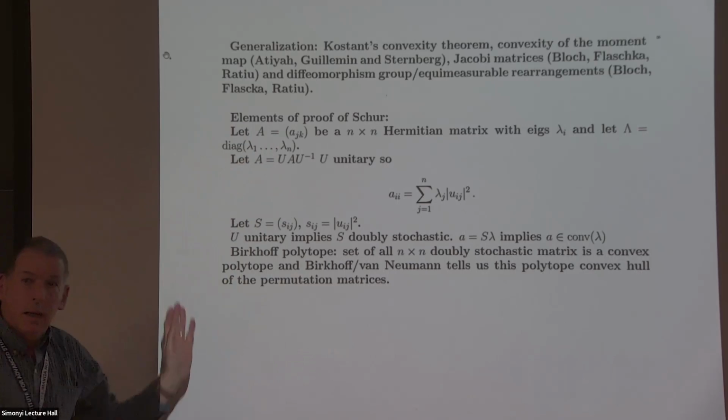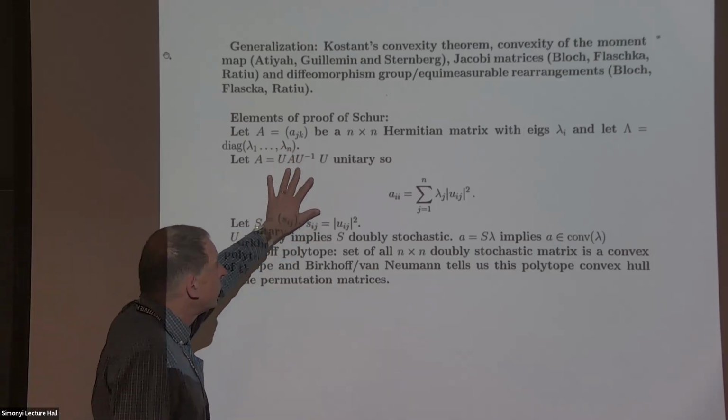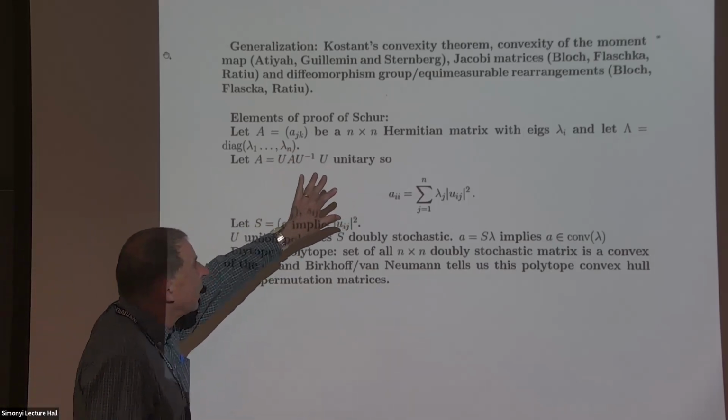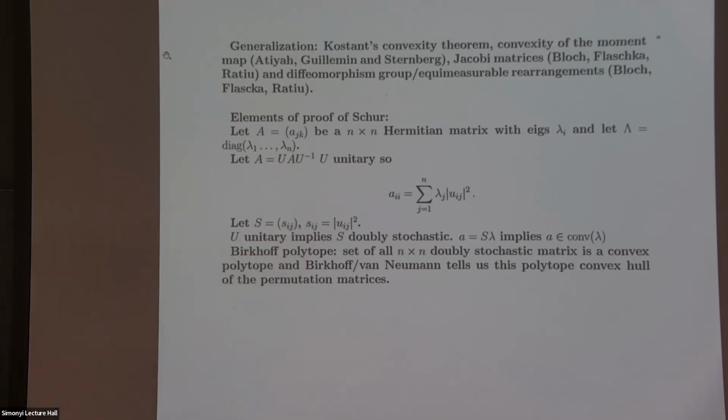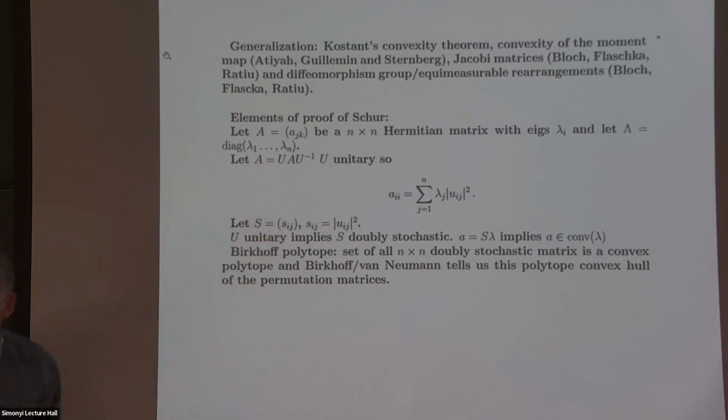It also plays a role in integrable Hamiltonian systems, and I'll say a bit about that as well. And then an interesting special case, which is related to what I'm going to talk about here, is that instead of applying it to the whole Lie algebra, you can apply it to a subspace of that, the so-called Jacobi matrices. Jacobi matrices are tridiagonal symmetric matrices, which play a big role in integrable systems and in orthogonal polynomials.